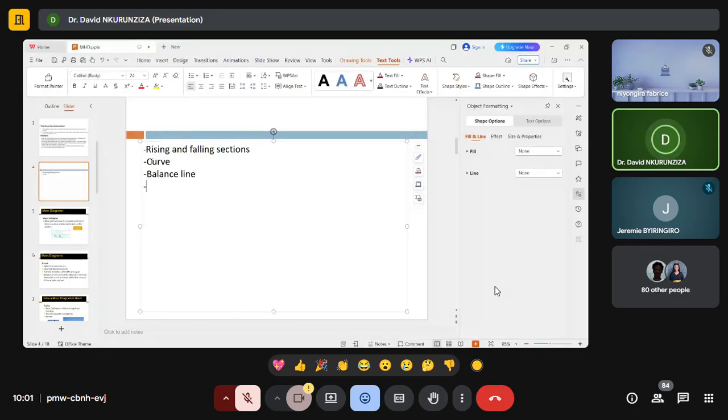Another key component of the mass haul diagram, of course, is the cuts and the fills, or we say excavations and embankments.